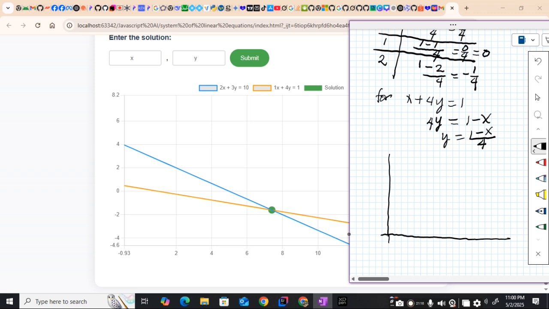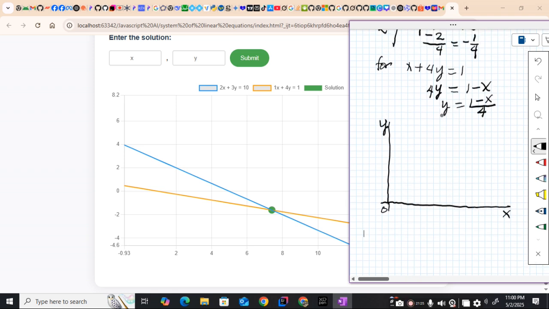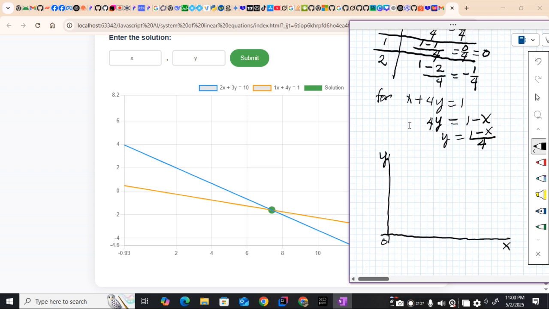So this is the x-axis, this is the y-axis, and this point, let's assign it as the origin. The first point is 0 and 1/4. So all we need to do is find 0. If this is, for example, 1, our 1/4 will be located somewhere here.